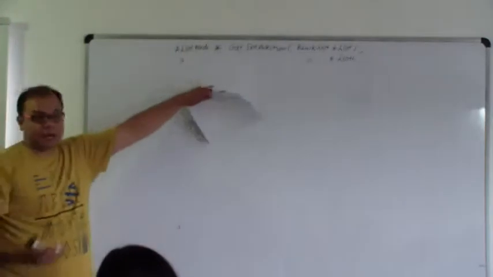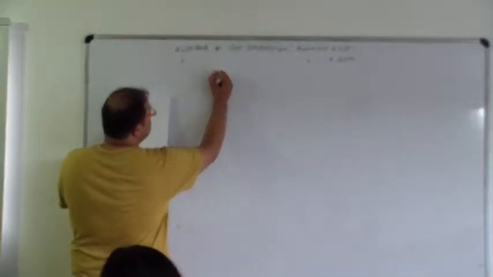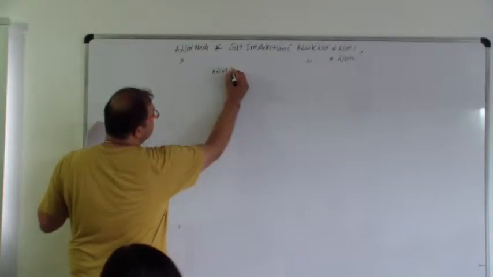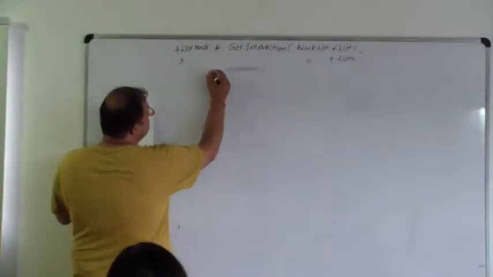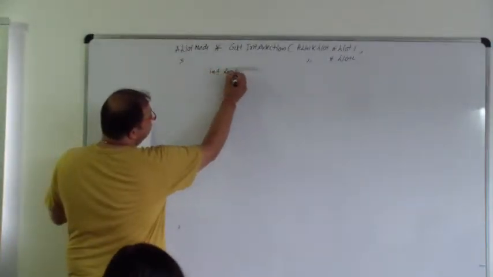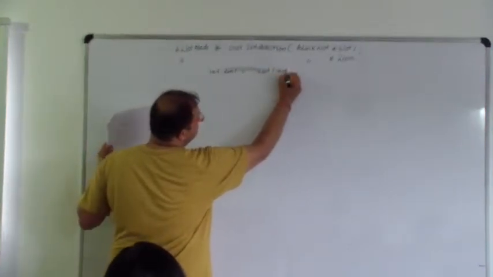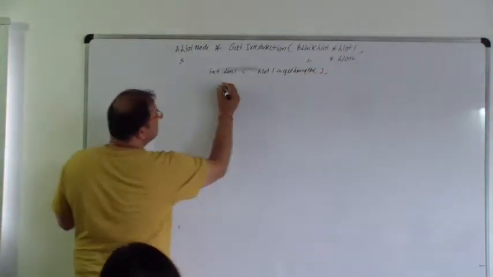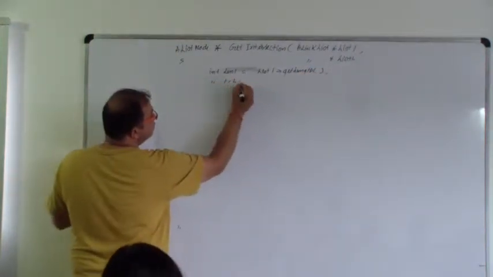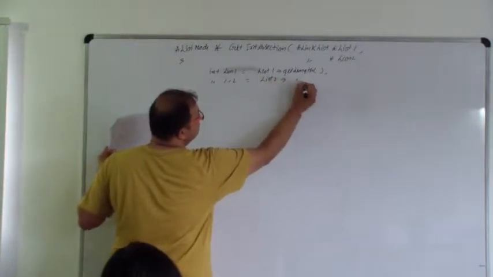So now we'll get a ListNode star intersection. I probably don't need this. Anyways, so we'll take integer length1 is equal to list1 arrow getLength. Integer length2 is equal to list2 arrow getLength.